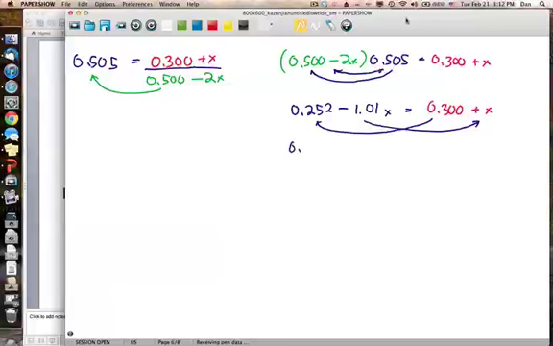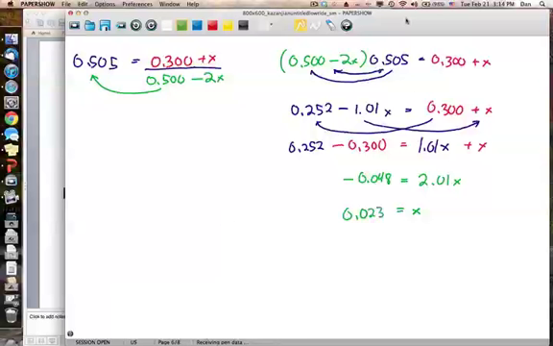This becomes 0.252 minus 0.300 equal to 1.01x plus x, which combine together to produce 2.01x is equal to negative 0.048. x will become equal to negative 0.0238.